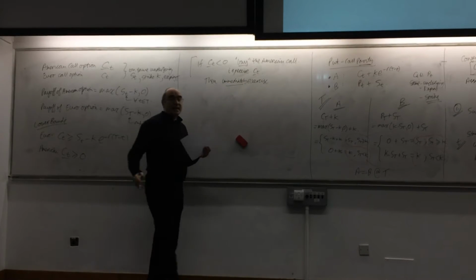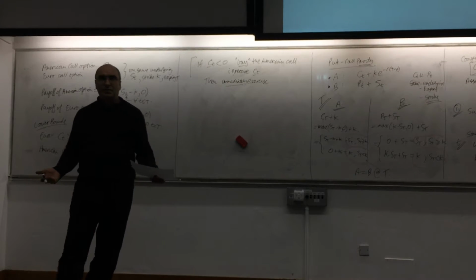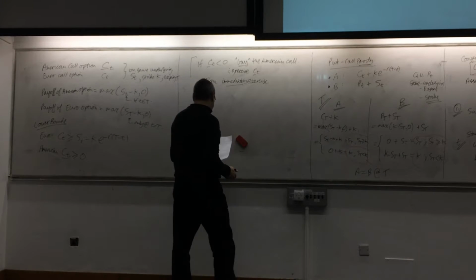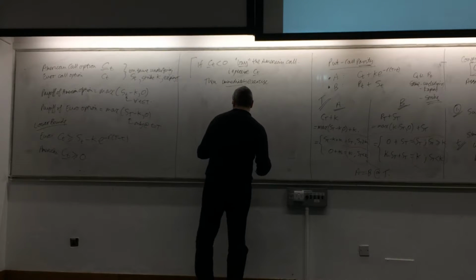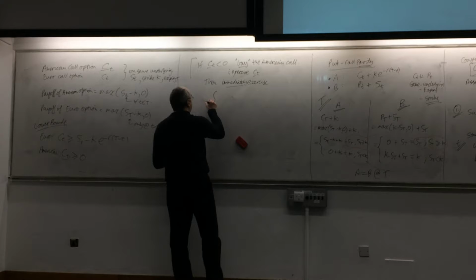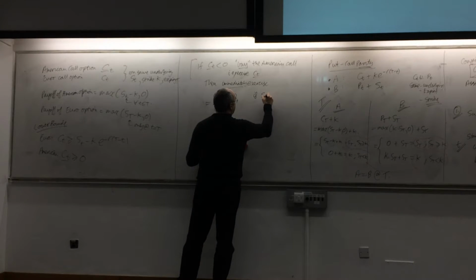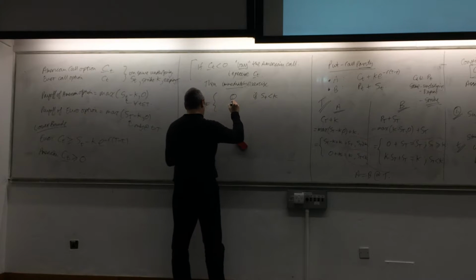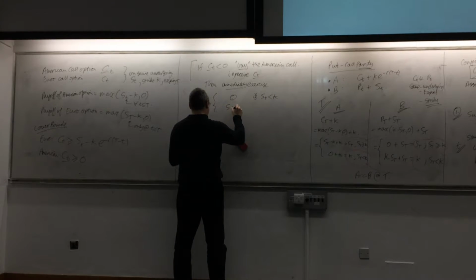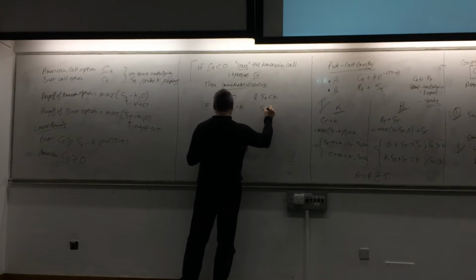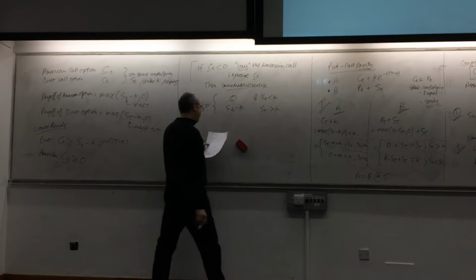I can immediately exercise because it's an American option. I couldn't do that if it was European. And the payoff would be 0 if ST was less than K, and it would be ST minus K if ST were greater than K.